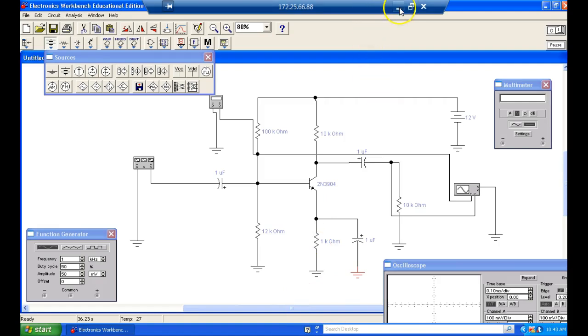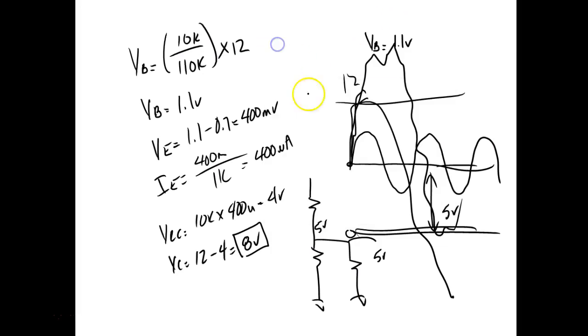So let me see what I'm doing wrong. Or IC, we use those as the same thing. 25 milli divided by our current in our emitter.